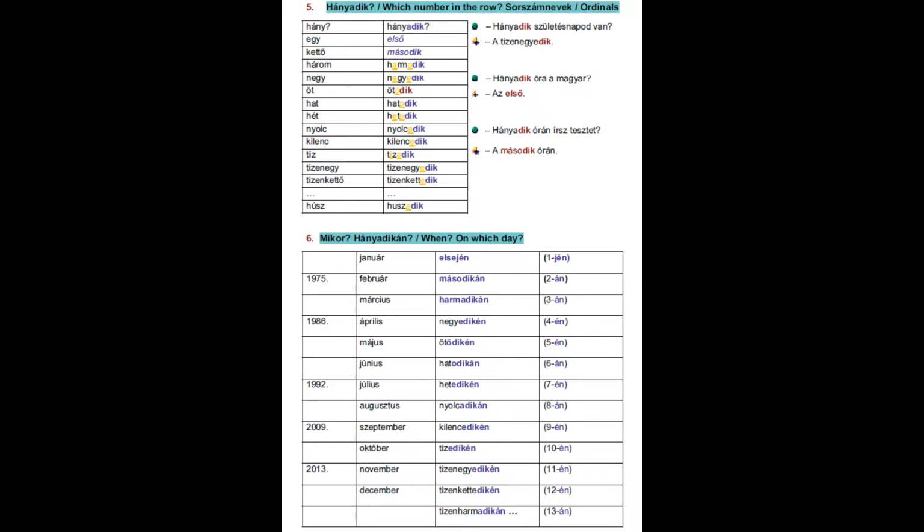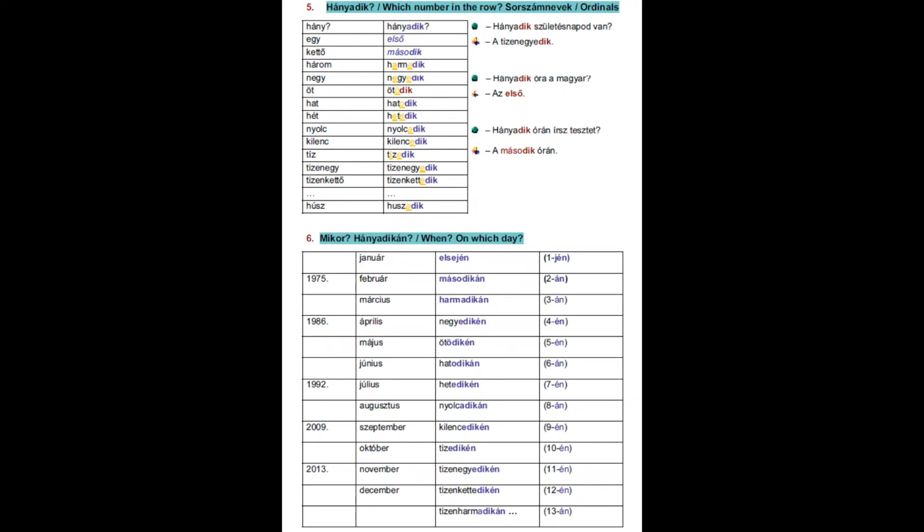Okay, elsején is on January 1st. 1975, február másodikán. On February 2nd, 1975.